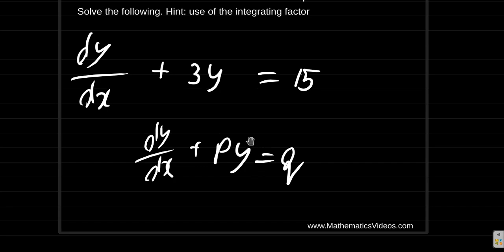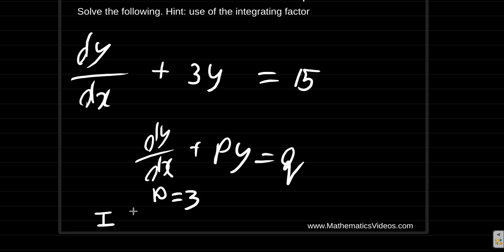Now, here, you can see what P is. P is equal to 3. Of course, Q is 15, but P is the one you're interested in. You must now write it in the form of the integrating factor.